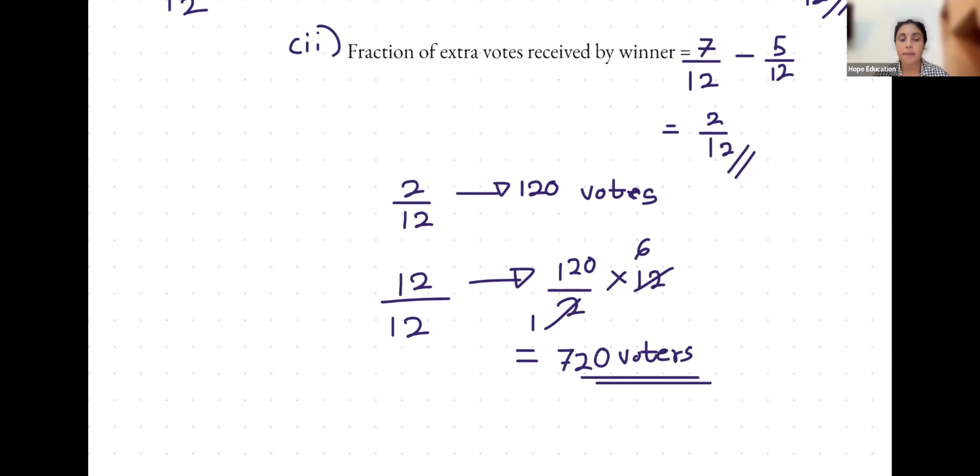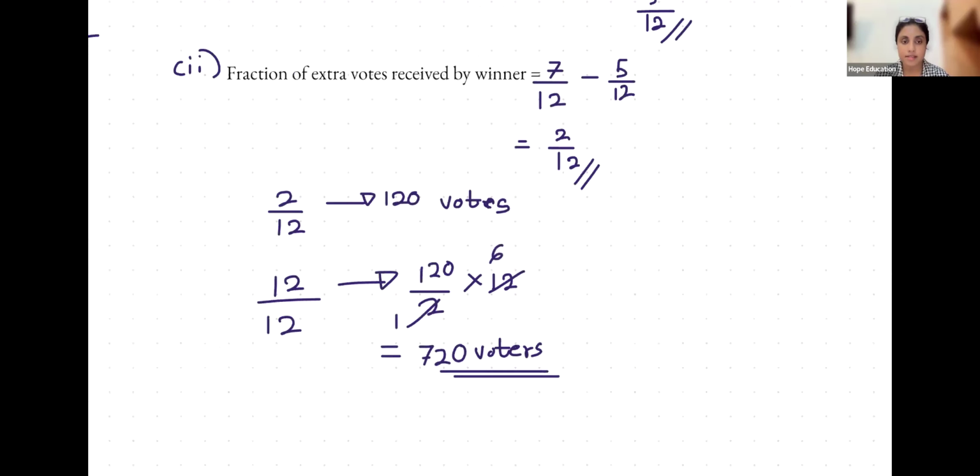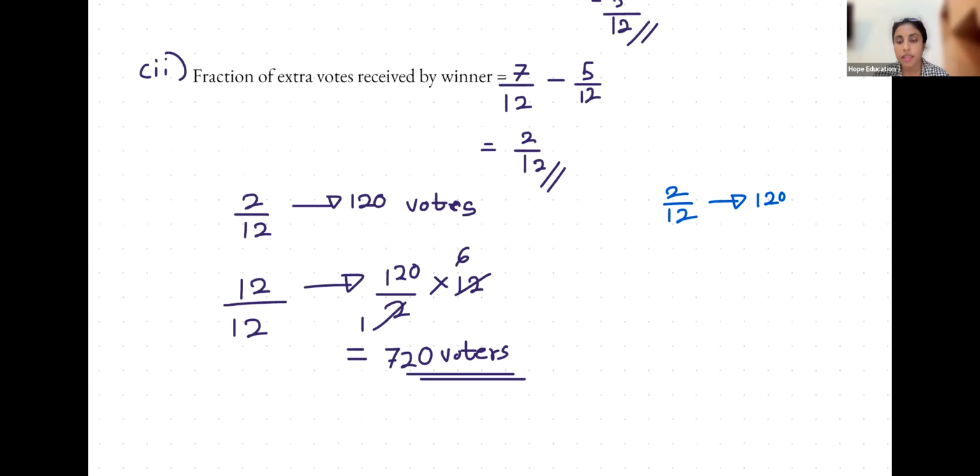Did you all understand this? If I write this in steps, it looks something like this. 2/12 is 120 votes. Then 1/12 means 120 divided by 2. That is what is shown here. So 120 divided by 2 is 60.